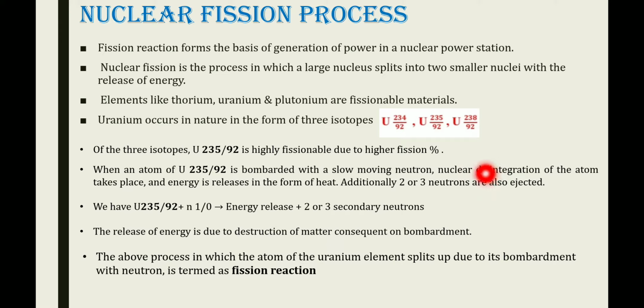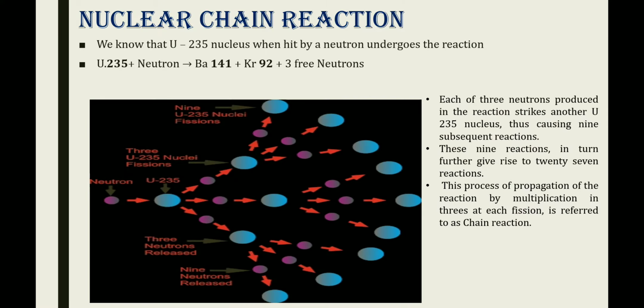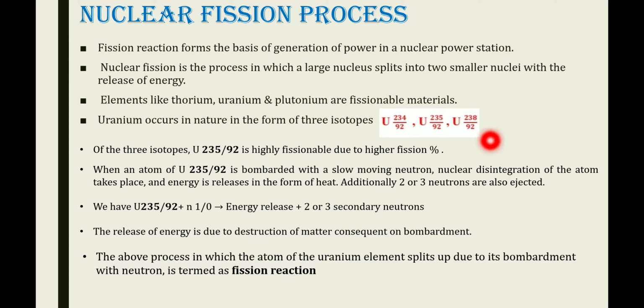It results in the release of a huge amount of energy in the form of heat energy, along with an additional 2 to 3 neutrons that are released or ejected.